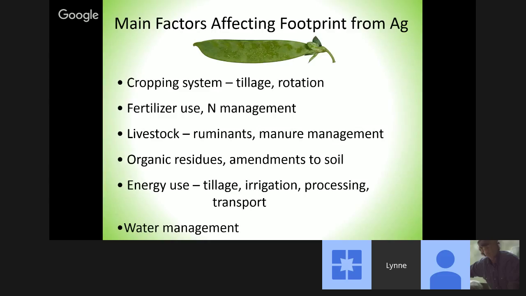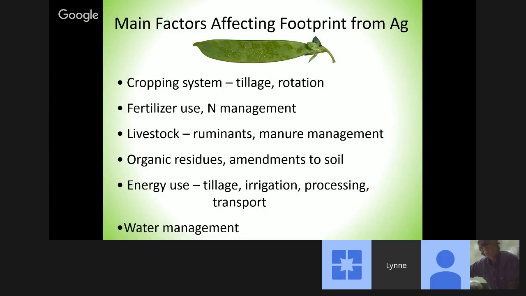But those gases are coming from a variety of sources. So the cropping system and decisions on what crops are grown, how much tillage is done, what type, how much nitrogen fertilizer is used and how it's managed, the production of livestock and manure management, use of organic amendments, other forms of energy use, including irrigation and processing.